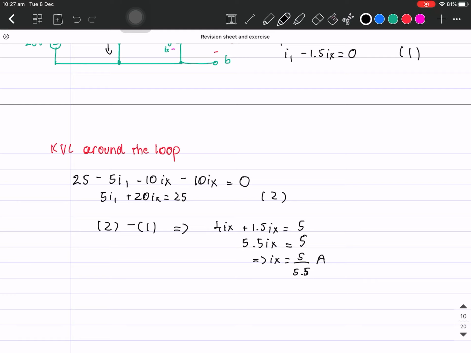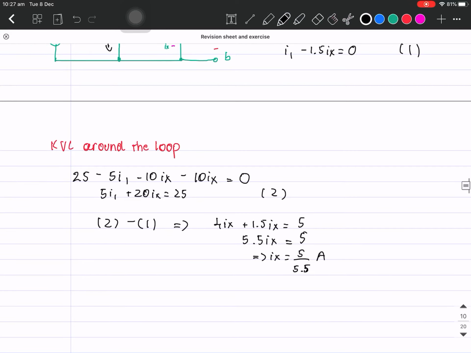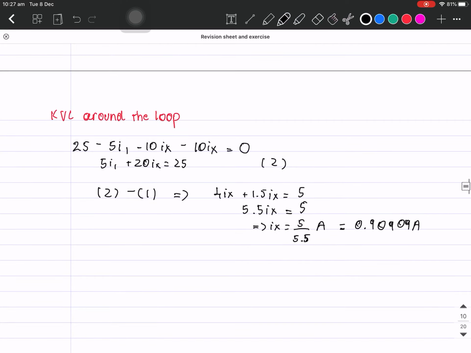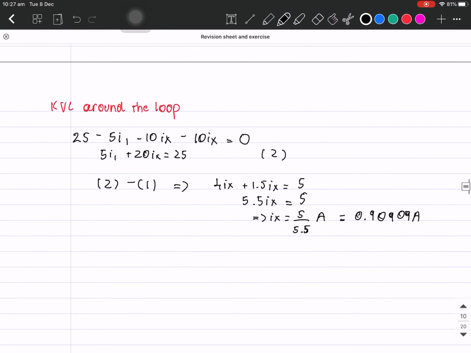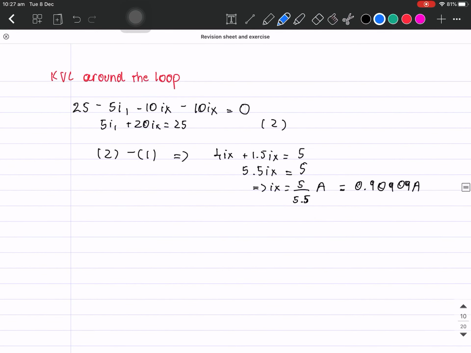Okay. I'm gonna keep it like this instead of writing 0.90909. I'm gonna keep it like this. Okay. So now we can find VOC. The open circuit voltage is going to be Ix multiplied by 10.